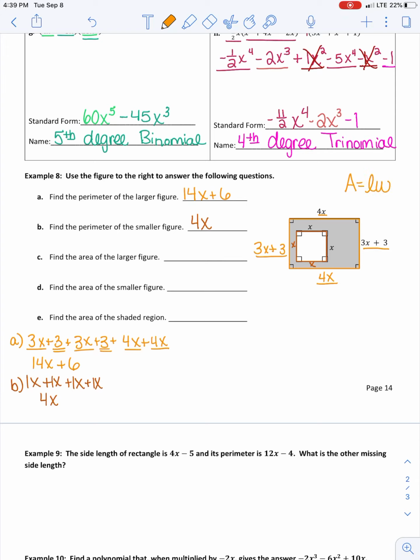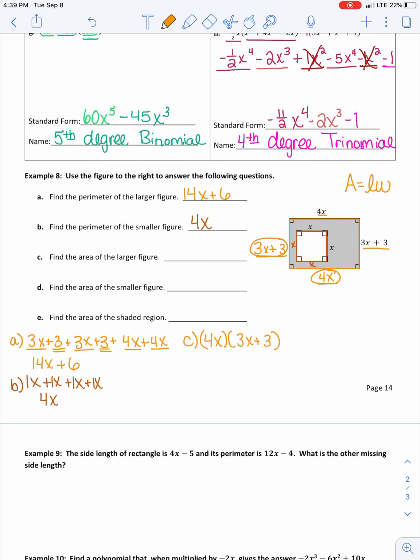So we're going to take this 4x and multiply it by the width, 3x plus 3.